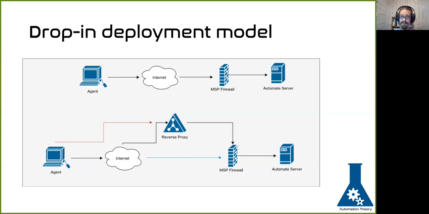Because as we talked about, if your reverse proxy goes down, you lose communication with all your agents. And depending on the particulars, that impacts you differently. With the drop-in solution, you can toggle and be back online within 5 minutes. So, are there any other questions?